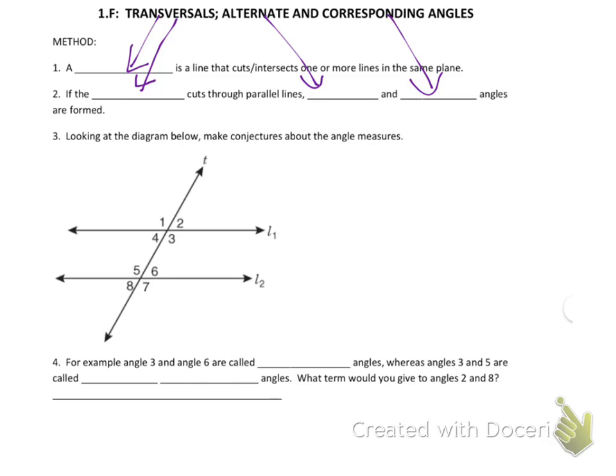Got a question. We just said before, 1 and 3 are equal. We also just said 1 and 5 are equal. So by the transitive property, if 1 is equal to 3, and 1 is also equal to 5, 3 has to equal 5, yes?